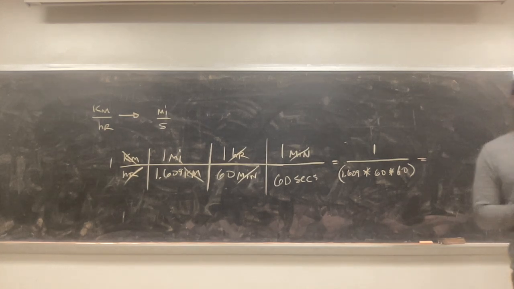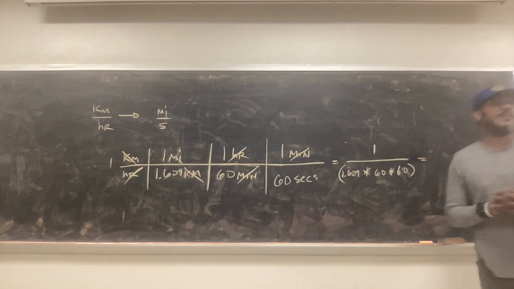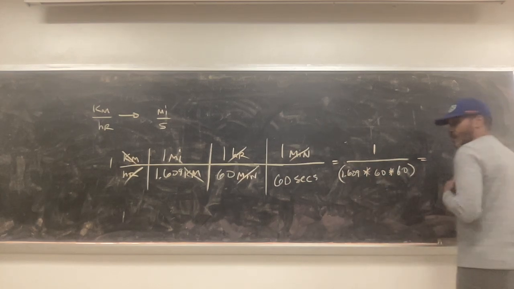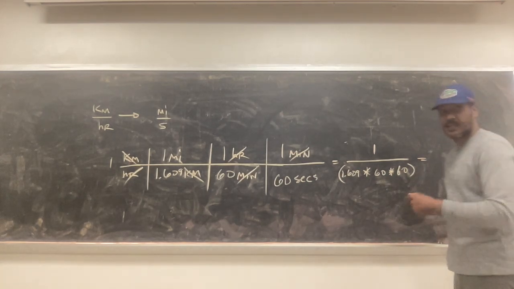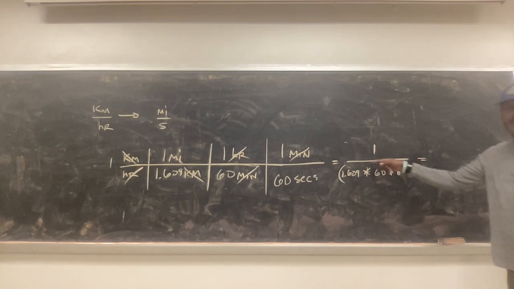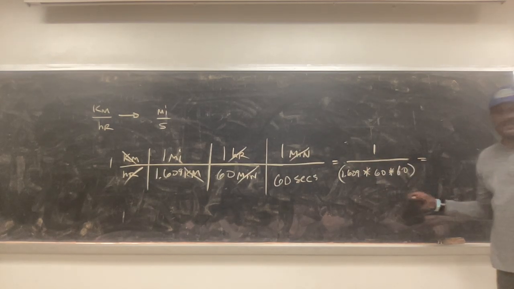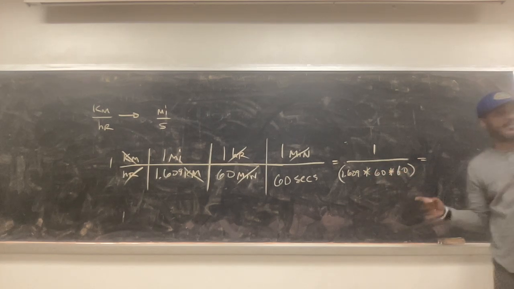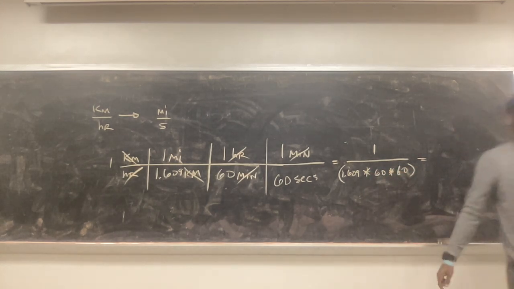See, that's a violation of PEMDAS. What you should be doing is this. Do you know how to do that on your calculator? Do 1 divided by open parentheses 1.609 times 60 times 60, close parentheses, then hit equal.